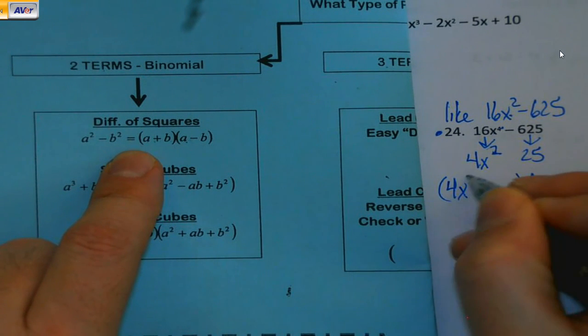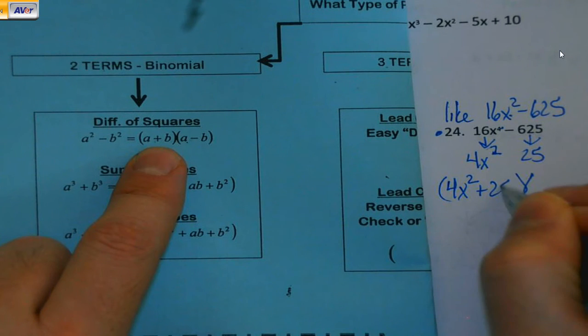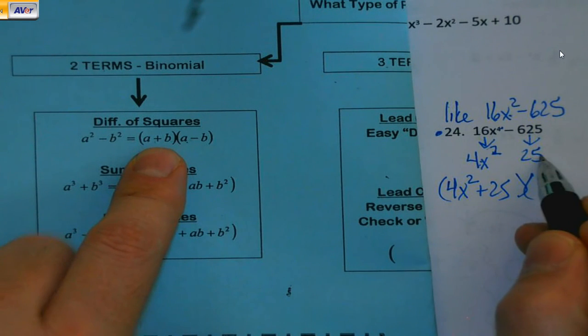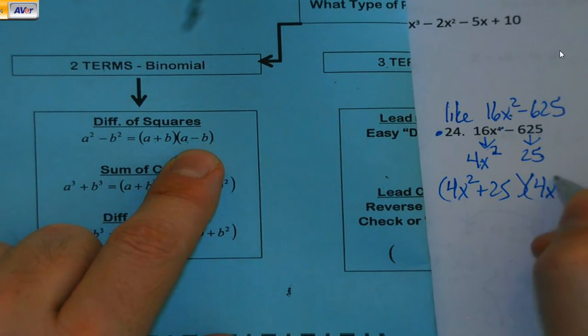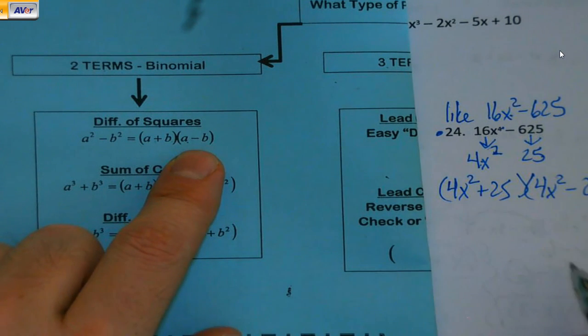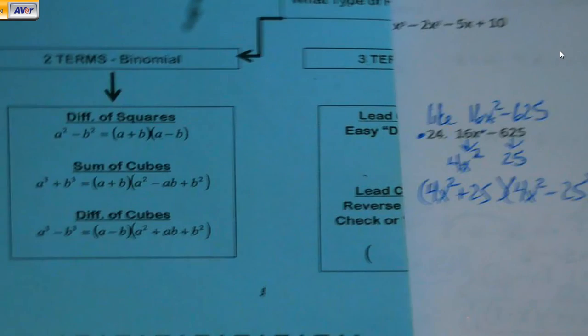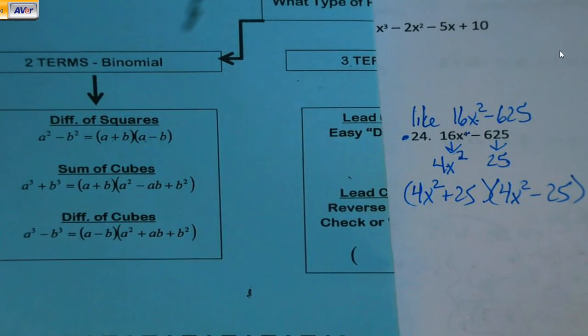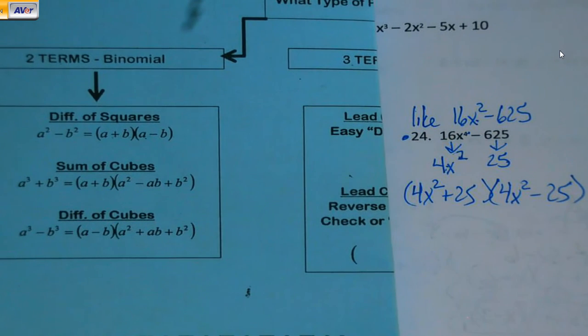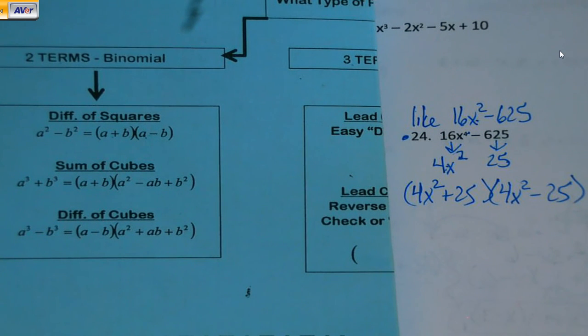So 4x squared plus 25, a plus b. 4x squared minus 25, a minus b. But before I circle it, I still see squareds. There may be an opportunity to break one or both down again.